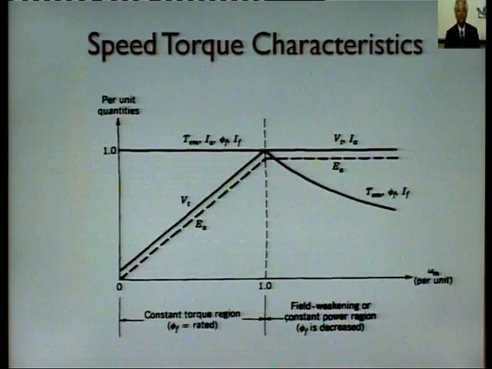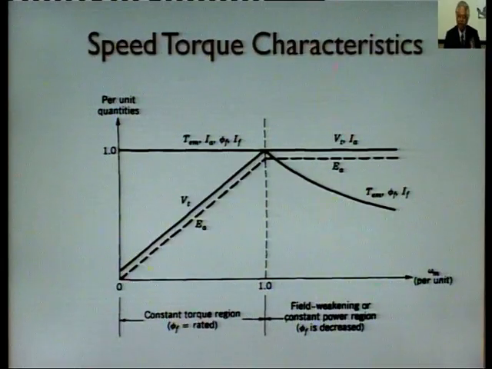Now, if you see the speed-torque characteristic, this is the constant torque region from here to here, and this one is known as field weakening. Try to understand: when speed is to be varied, voltage or flux is to be varied. There are two methods, as I said in the last slide. One is the armature voltage control method, another is the field or flux control method.